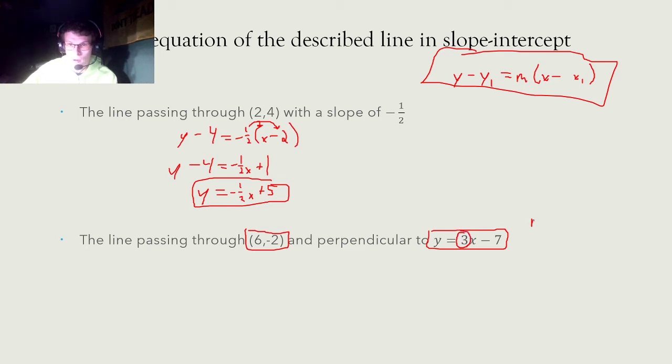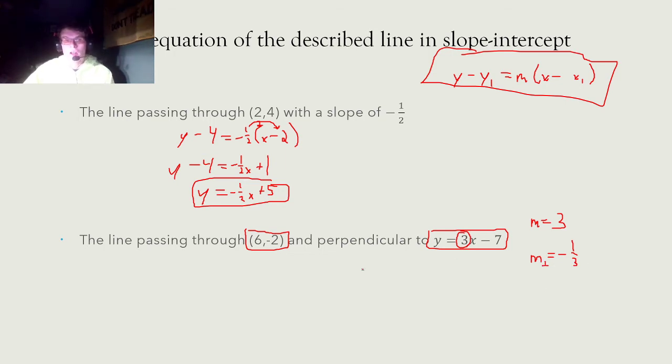Your slope for the line that you're given is 3, but we are finding the slope-intercept form of the line that is perpendicular to that. For perpendicular lines, you will always have the opposite reciprocal of your line, okay? So the opposite reciprocal of m equals 3 is negative 1 over 3, okay? So that's your opposite reciprocal right there.